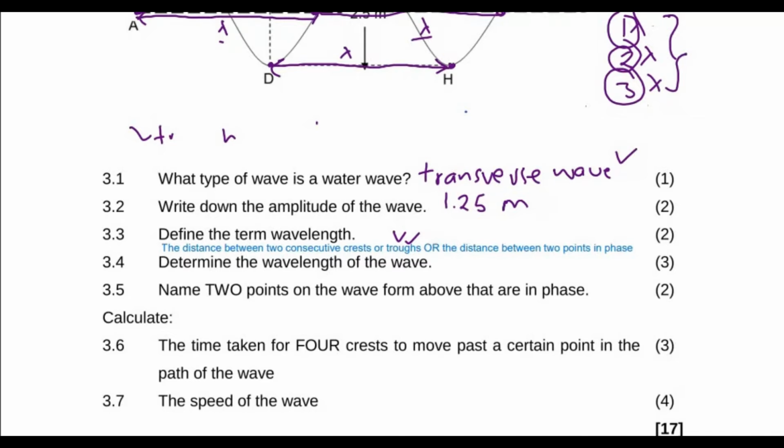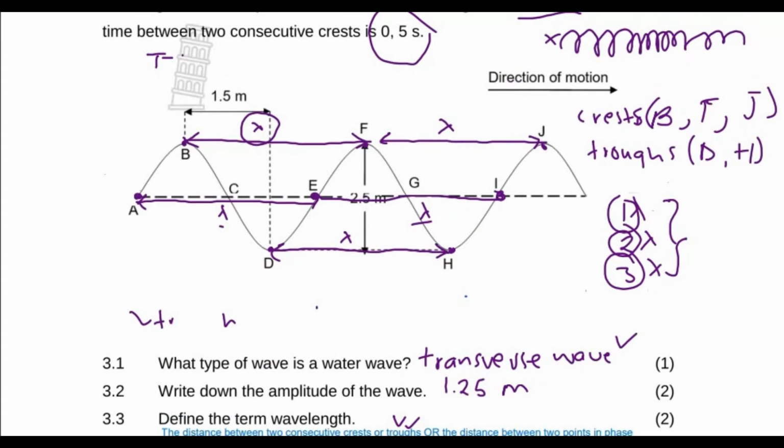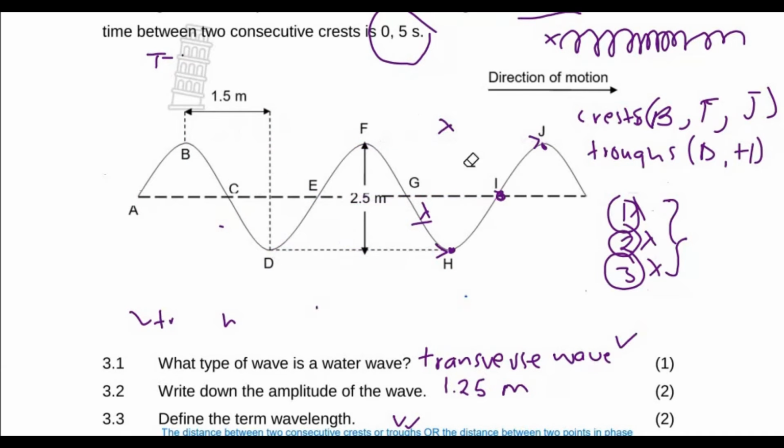And then the next question says, determine the wavelength of this wave. How much is the wavelength of this wave? It doesn't say calculate, it just says determine. It means we can get it from the graph. We have agreed that the distance between points B and point F is a wavelength.